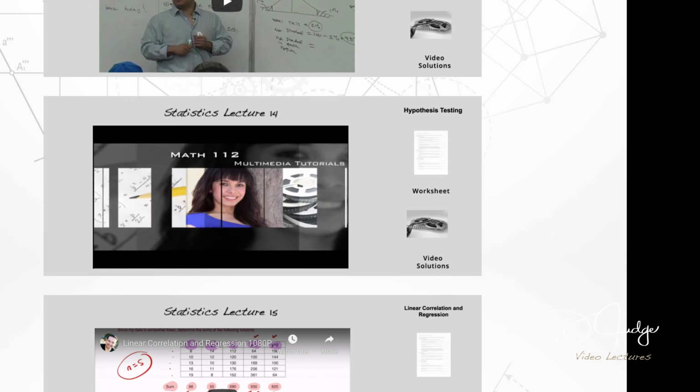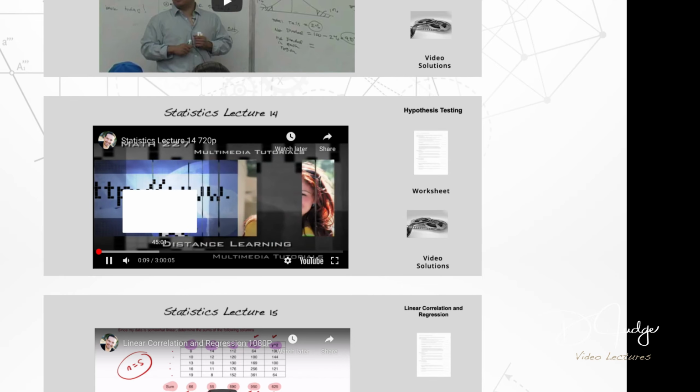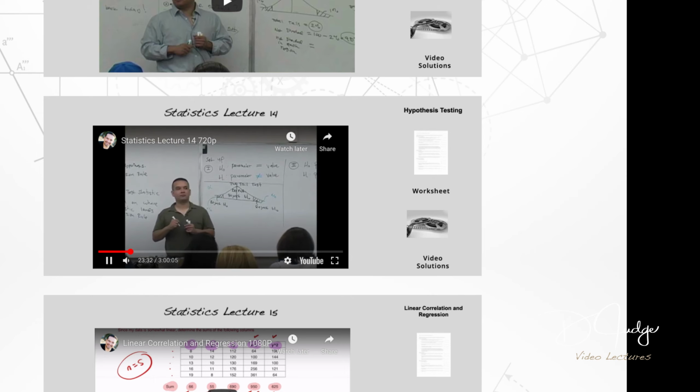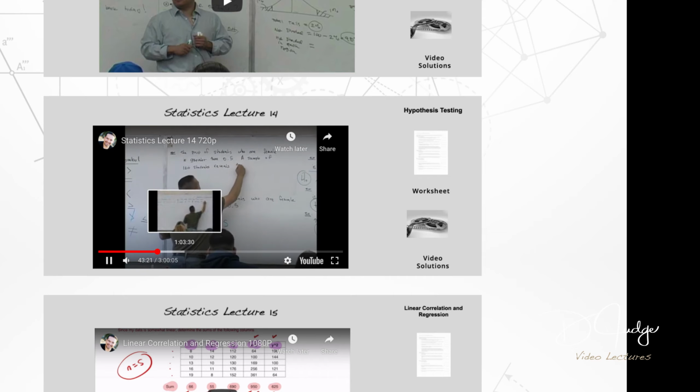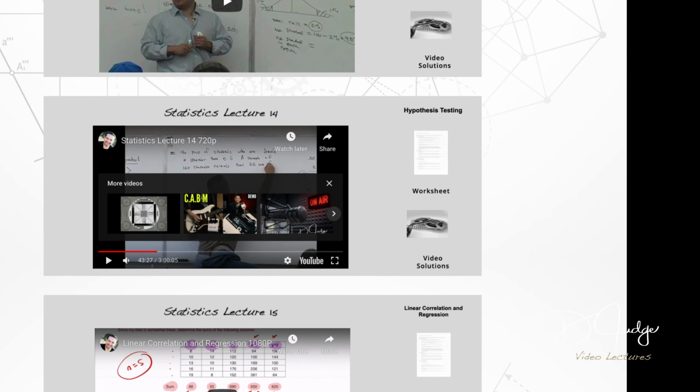We have some math videos. Person works for the news, by the way, Channel 34 in Las Vegas. Here's the lecture. I go through hypothesis testing. I go through some examples. So you do have additional examples there for yourself, and I'm going to say take a look at it.